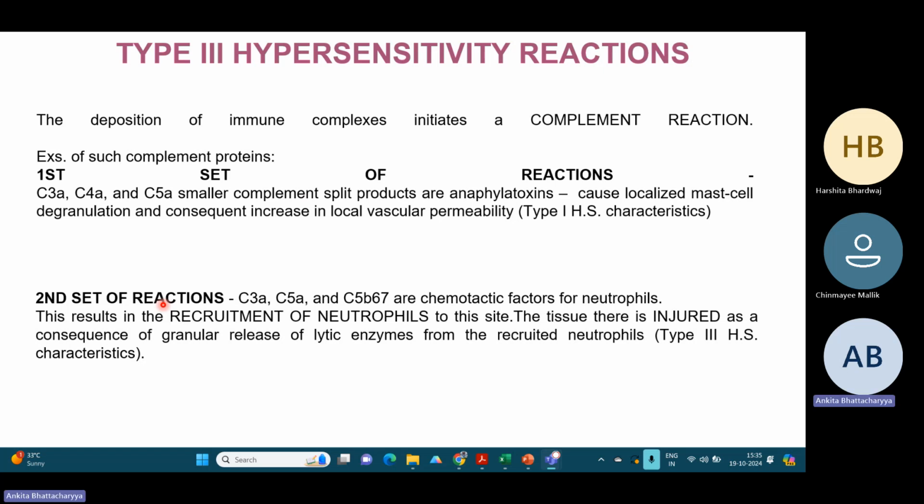The tissue there becomes injured, because neutrophil recruitment is followed by tissue injury, owing to extensive release of lytic enzymes from these recruited neutrophils. That entire area becomes injured, and therefore is a region where there can be deposition of immune complexes.